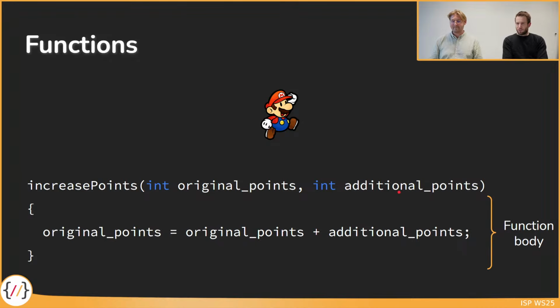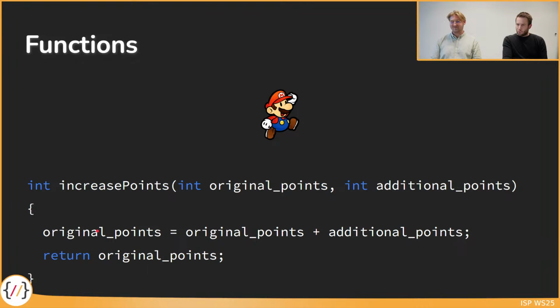Then in the function body, we can do our calculations. In this case, we want to compute the sum of the original points and the additional points and store the result in the original points variable, for example.